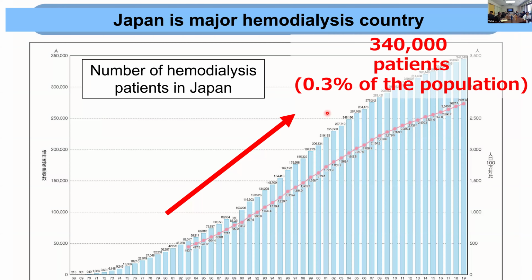Here is the data for the number of dialysis patients in Japan. The number of dialysis patients is also significantly increasing in Japan. Around 340,000 kidney failure patients are getting hemodialysis. The population of Japan is 100 million, so that means about 0.3% of the people receive hemodialysis.